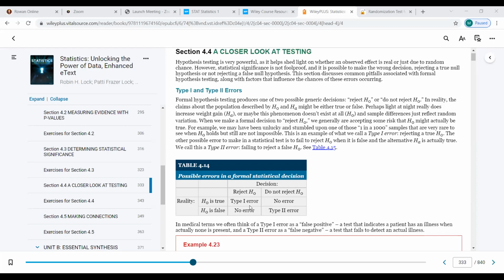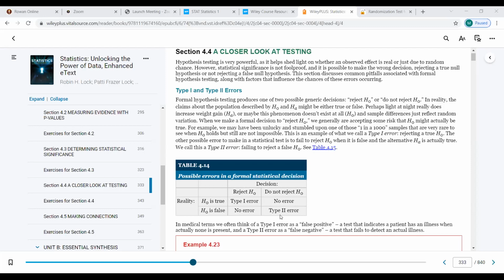Now, the other error happens if we do not reject the null hypothesis when the null hypothesis is actually false. That's an error too. In the jury trial, that would be the case where we say there's not enough evidence to convict, and yet the person did commit the crime.